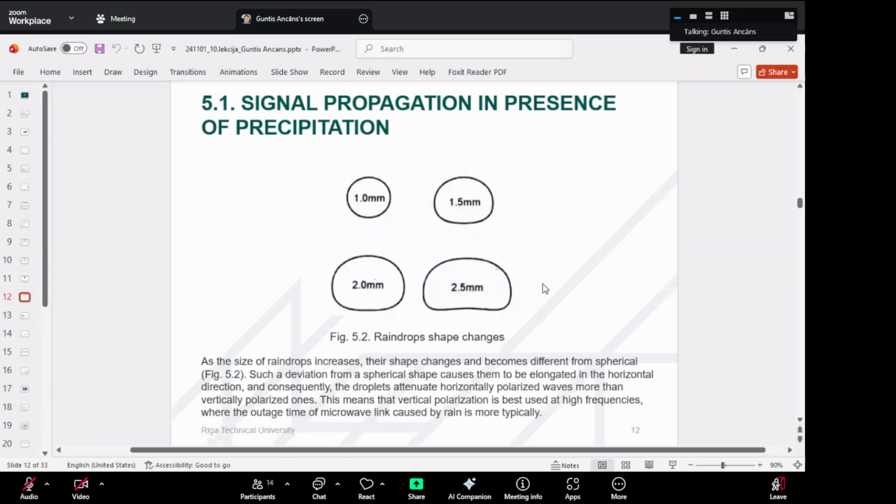This droplet effect depends on frequency, as mentioned in the previous slide. The effect is most on frequencies above 10 gigahertz.